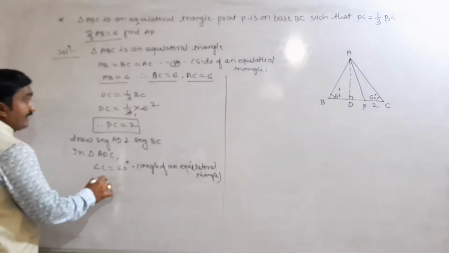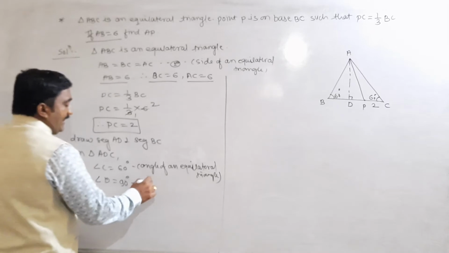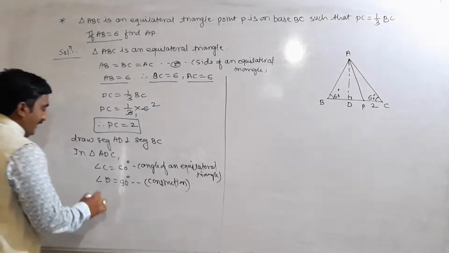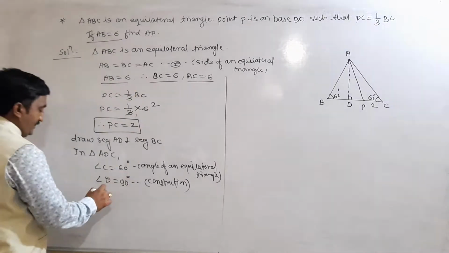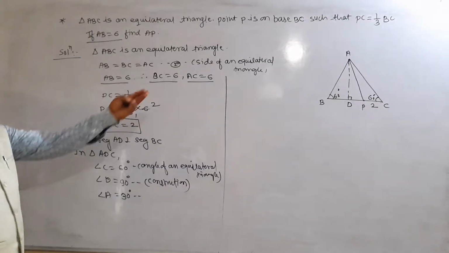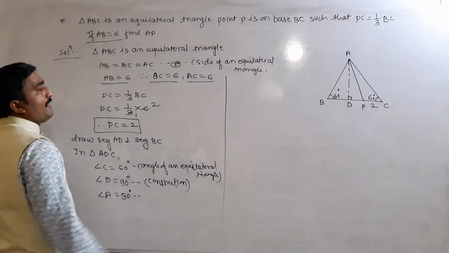Then angle D is equal to 90 by construction. So the remaining angle A is equal to 30.